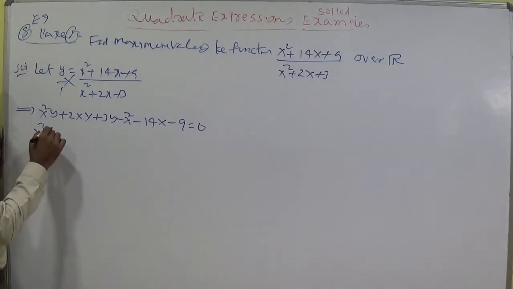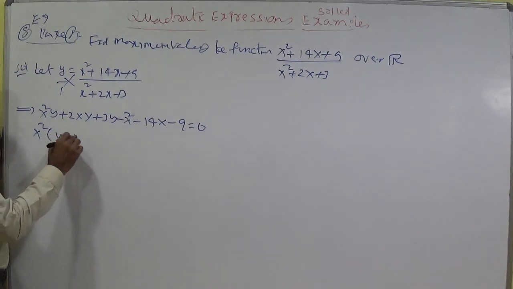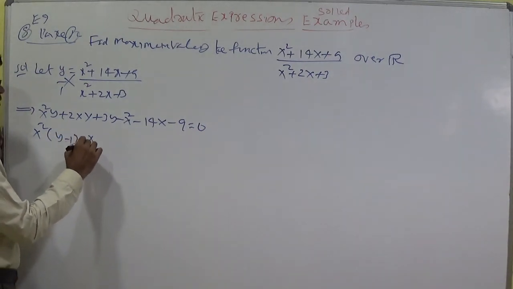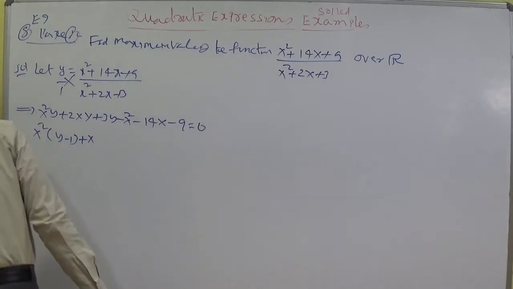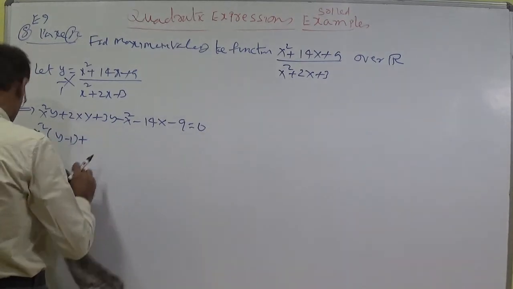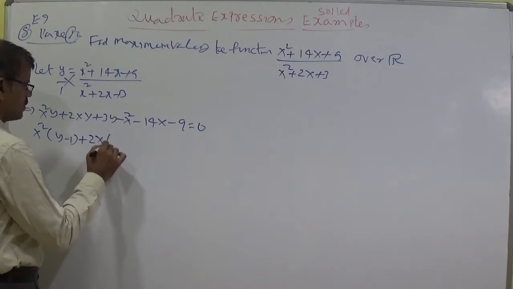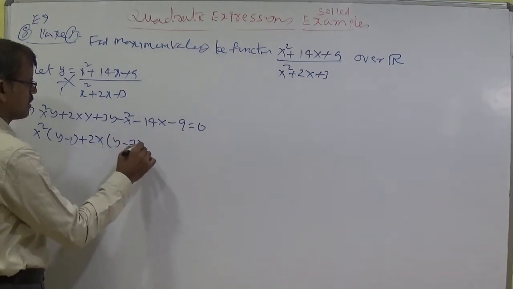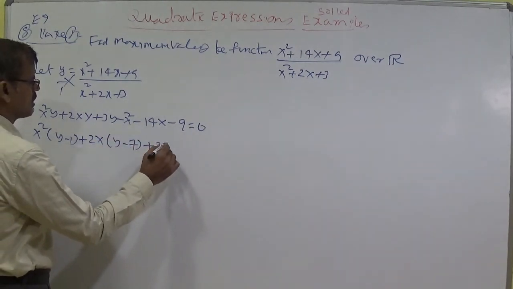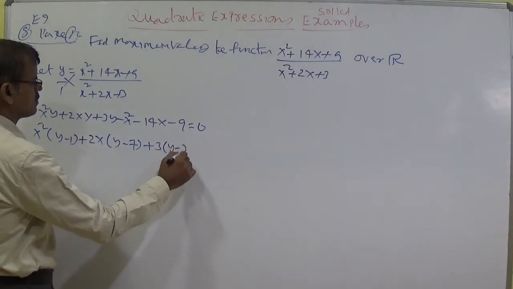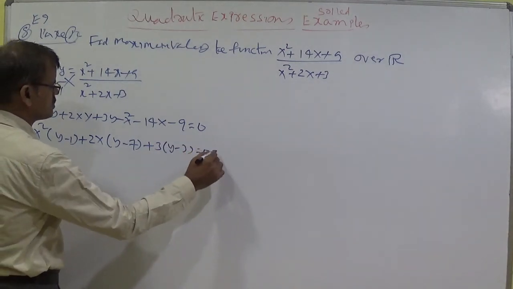Let us take x square common into y minus 1, plus x common, better to take 2x common, it becomes y minus 7, plus at last 3y minus 9, otherwise 3 into y minus 3, is equal to 0. Let it be 1.